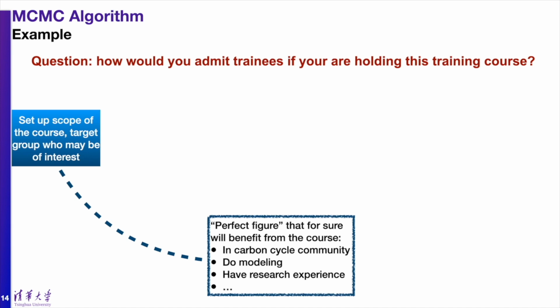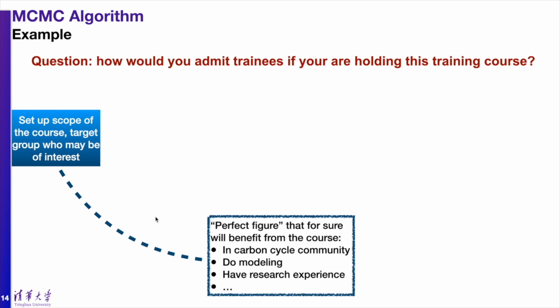Let's suppose you are an organizer of this training course. Then how would you admit the applicants? Generally, if we are organizing a training course, we may first set up the scope of the course so that we can define the target group who may be interested in this course.